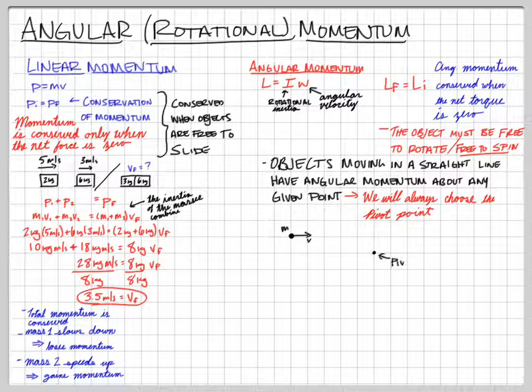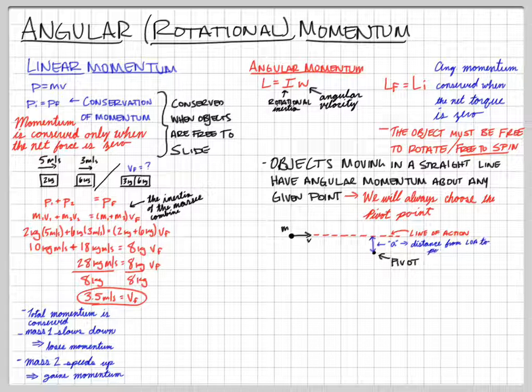So, let's say we have a mass moving with a velocity v, and that point is my pivot. I want to figure out its angular momentum. So, that line for the velocity is the line of action. The mass is going to travel along that line the whole time.